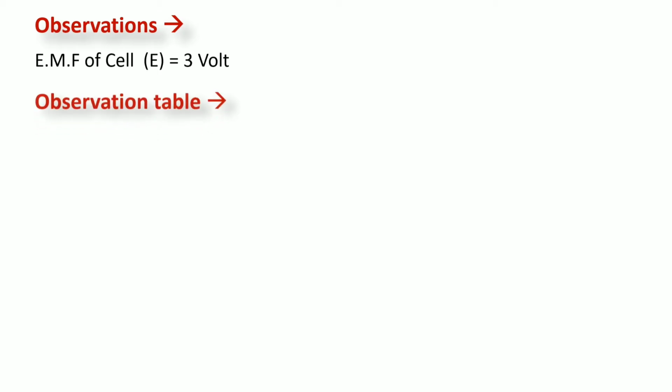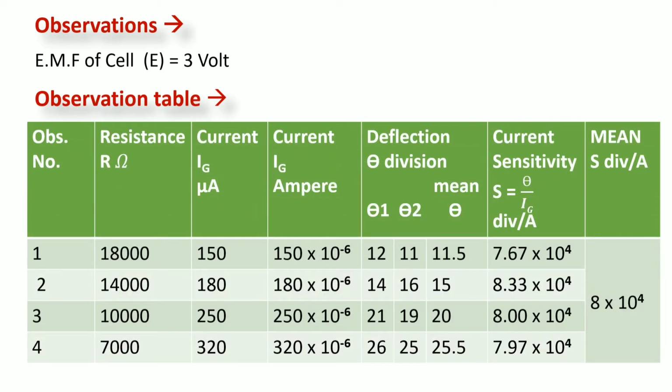Now we will note down the observations in the observation table. Before that we will write down the observation that the EMF of the cell is 3 volt, as two cells are connected in series. So this is the observation table for current sensitivity of the table galvanometer. First column is of resistance.